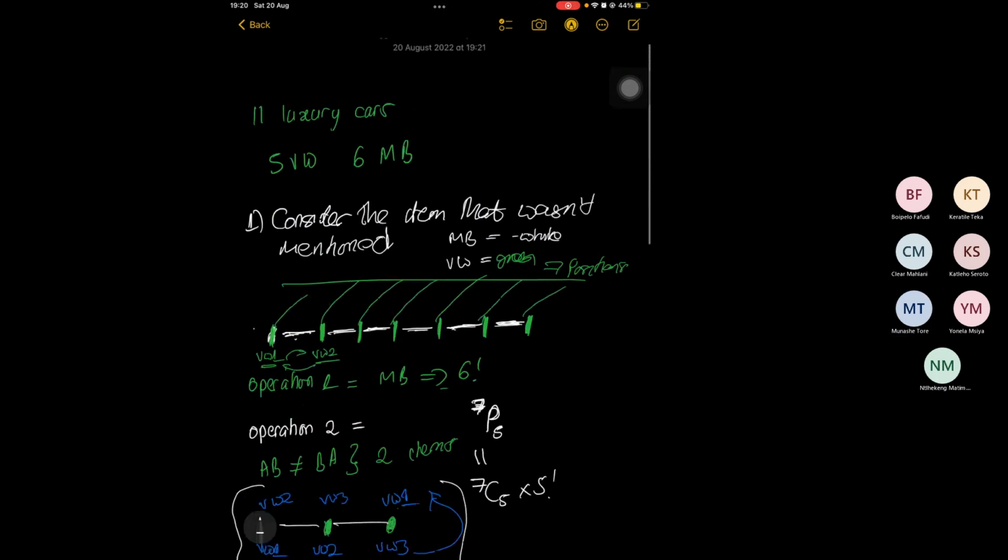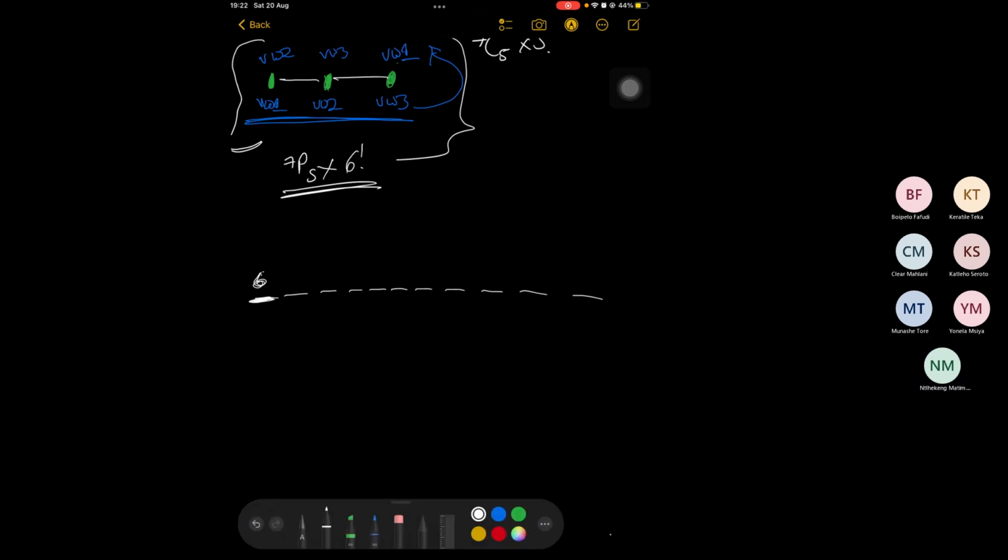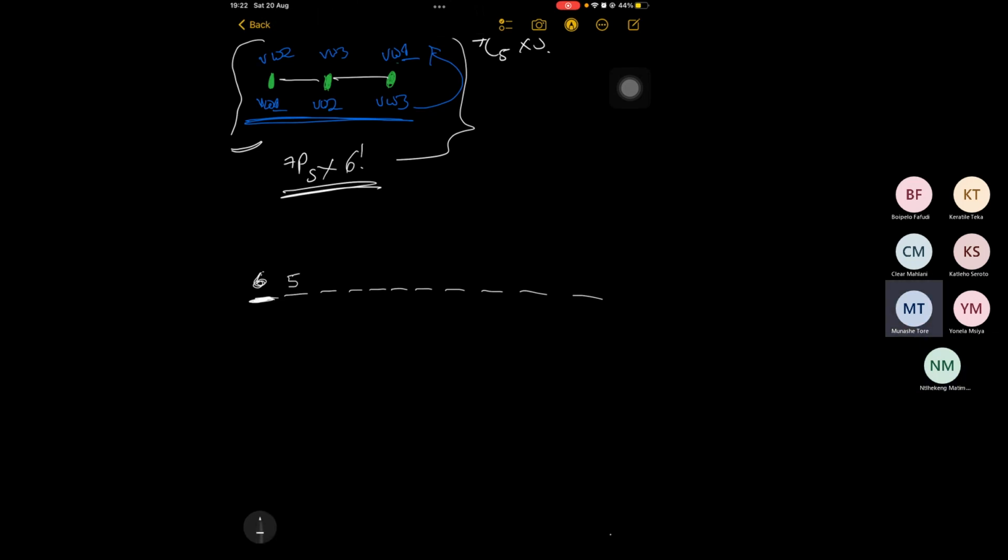So that means we have 6 options for the first operation. For VW, we have 5 for the second operation. We have 5 here.